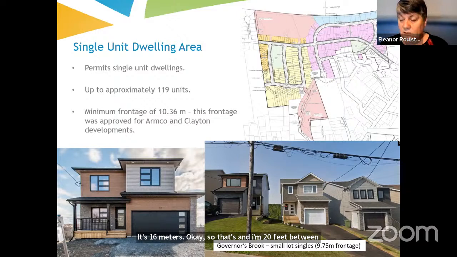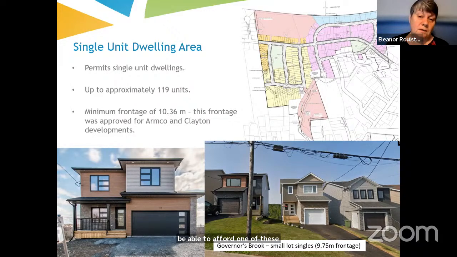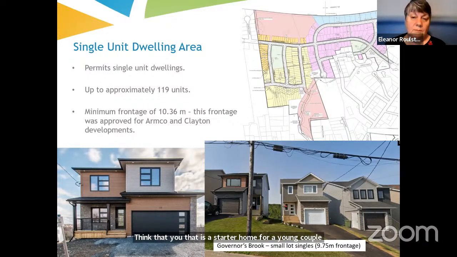So I guess the other concern for me, other than just not liking those narrow lots, and I still don't, is that I don't for a moment think that low-income families are going to be able to afford one of these homes on these narrow lots. I don't for a minute think that. As a starter home for a young couple, it's going to be a fairly affluent young couple who's going to be able to afford that. That's my opinion.